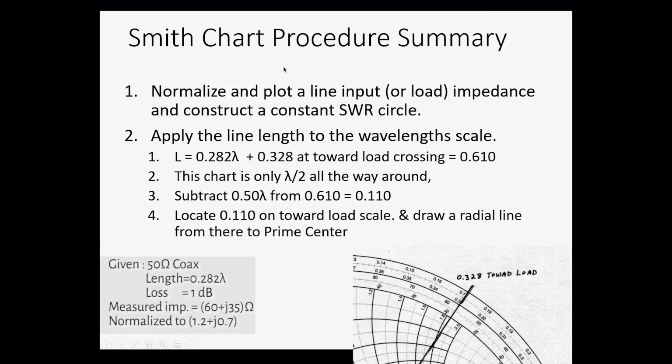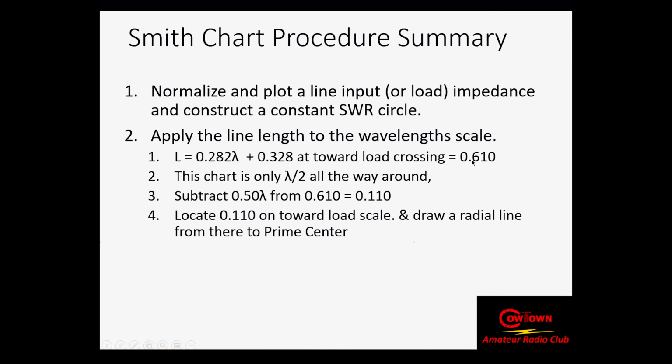So what I've got to do then is add the length of the line to the starting point, which is 0.328. Well, that gives me a total number of 0.610 wavelengths. Trouble is, there's only 1/2 a wavelength all the way around the chart.